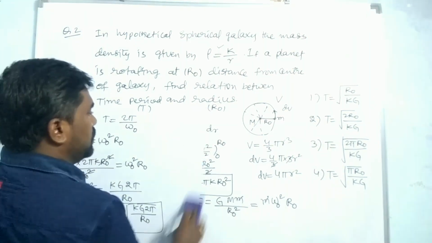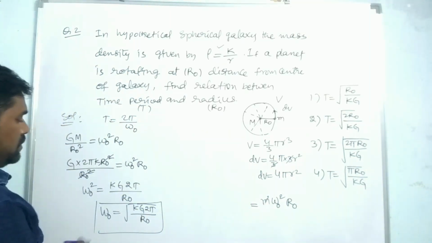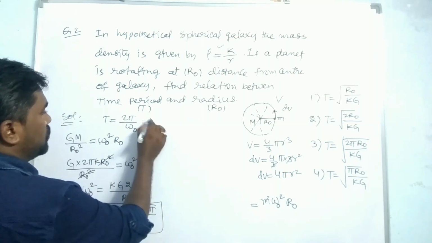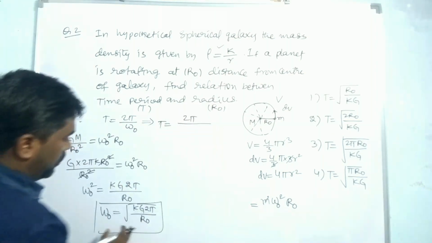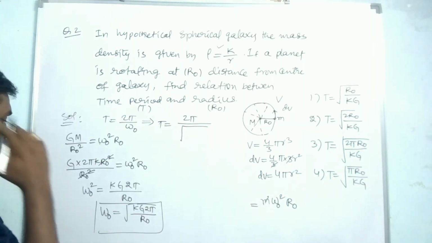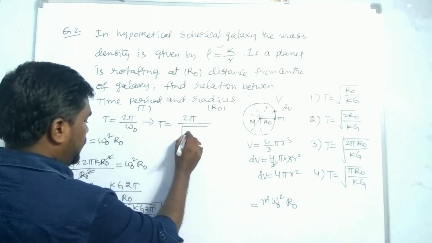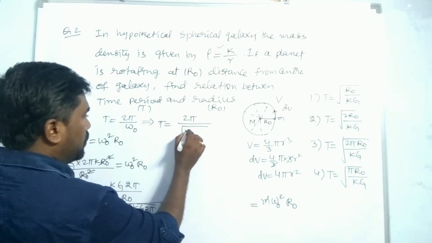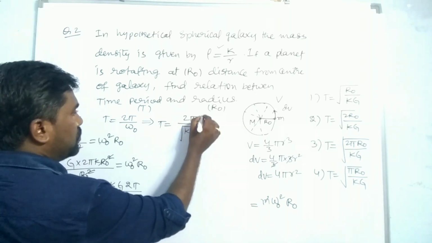Let us see, is there any option or not? The omega naught value should be substituted here. T is equal to 2 pi by under root of K G into 2 pi, where root R naught should be here.